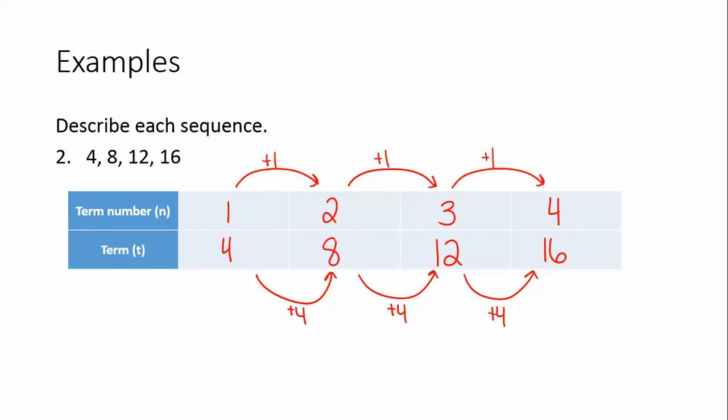What we want to notice is that when you take the term number and you multiply it by 4, you then get the term. So 1 times 4 is 4, 2 times 4 is 8, 3 times 4 is 12, 4 times 4 is 16. And we would write that the term is 4n.